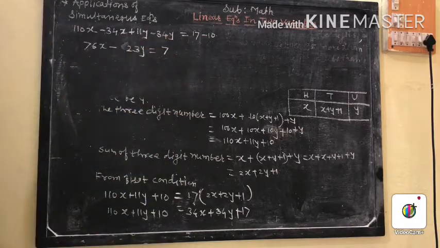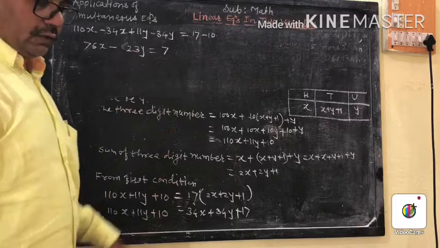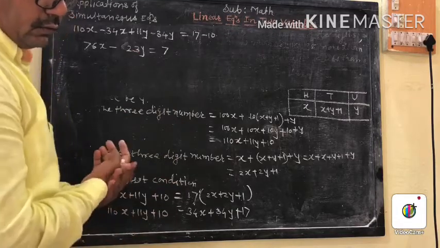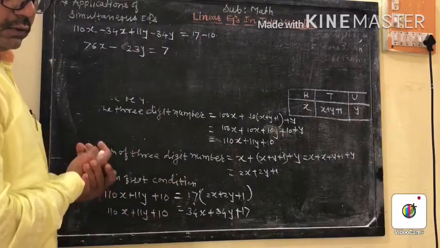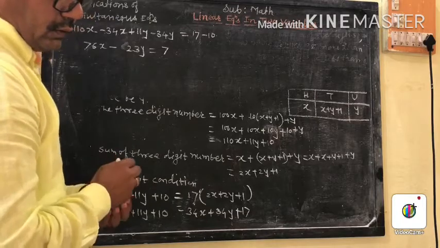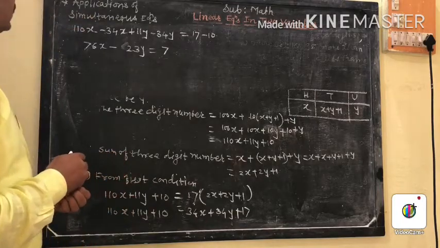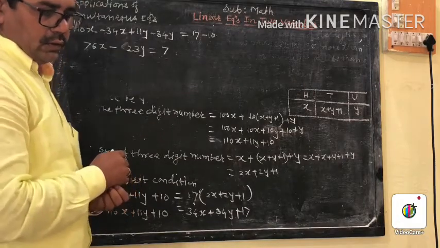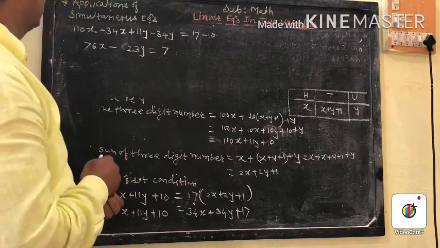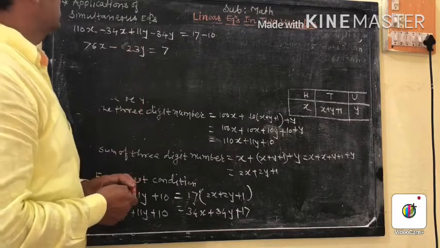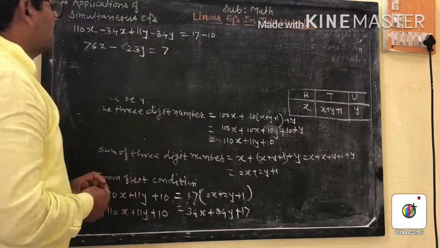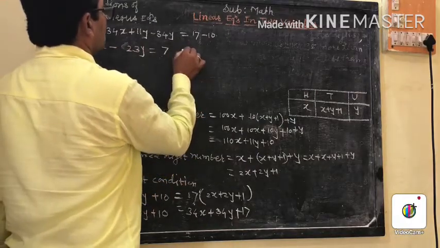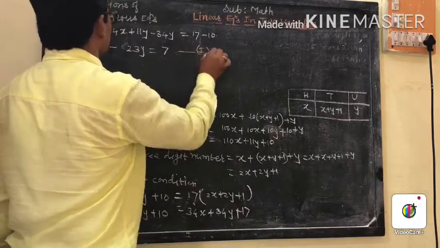This is the first equation you get here. What is the first equation? 76x minus 23y equals 7. We cannot divide this equation by 7, since 23 is a prime number. This is the first equation you get.